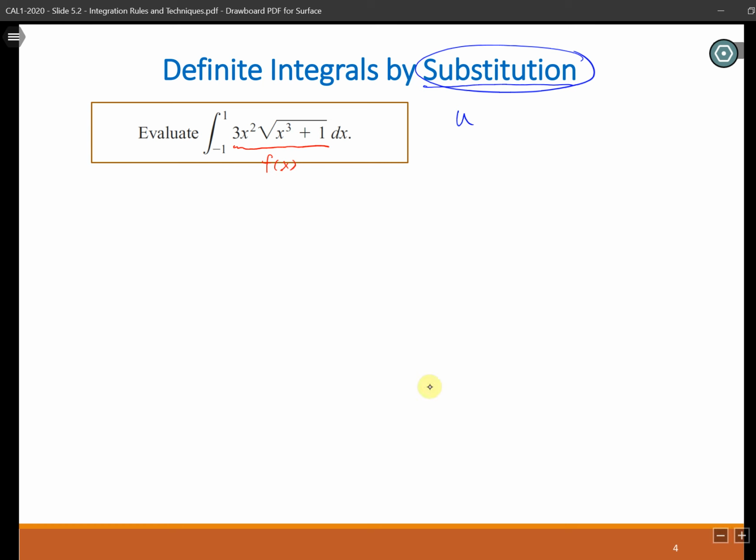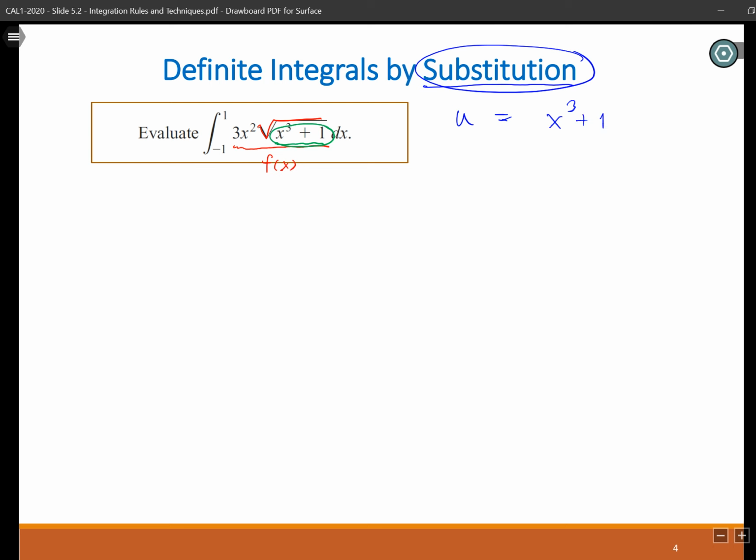In this case, I see a square root right here, and then inside the square root, I have this polynomial, x cubed plus 1. So I see a polynomial inside a square root, a layered function. So I want to simplify this. What about I put u inside this square root to make things simpler? That comes from my experience. So I'm going to make u equal to x cubed plus 1.